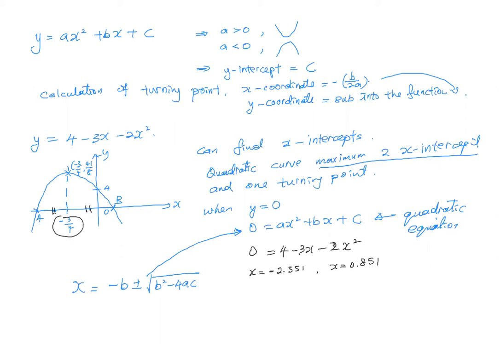You better write down this formula. We are going to use it to prove certain things. Negative b plus or minus square root of b squared minus 4ac over 2a. So your calculator gets this answer from here.